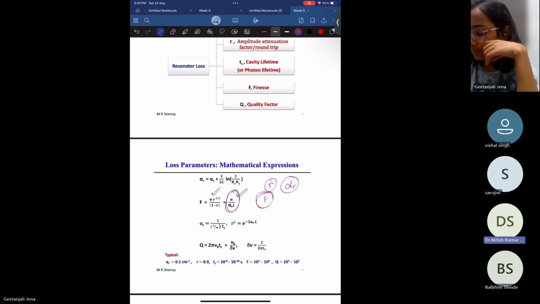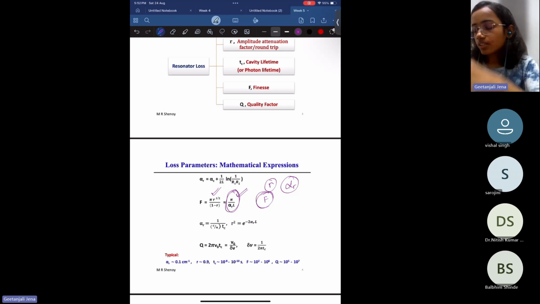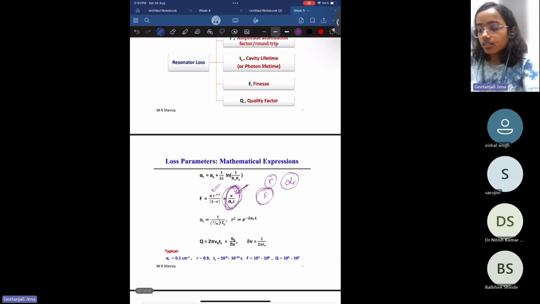But ma'am, if you apply any one, there is a huge difference. There is an approximation that has been done here, right? Yes, pi by alpha R L. So if you make an approximation, then you will get a different answer.